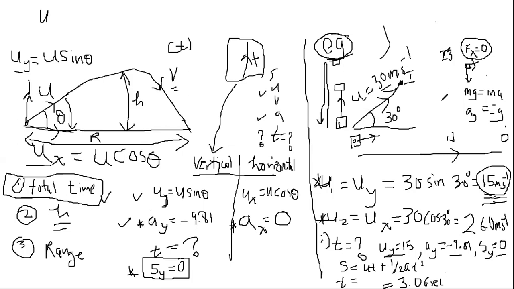Do you know VY? When the object goes to the top, what happens to VY? It is 0. Yes, good. That's another piece of information. VY is 0, so you can use VY also. UY you know, AY you know, and VY is 0 when you find the maximum height.